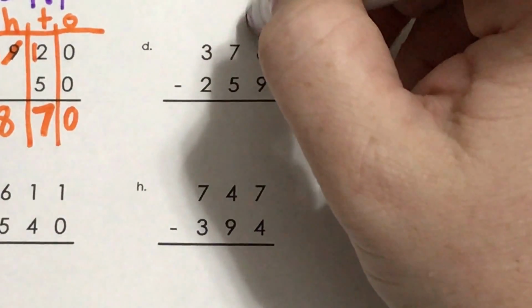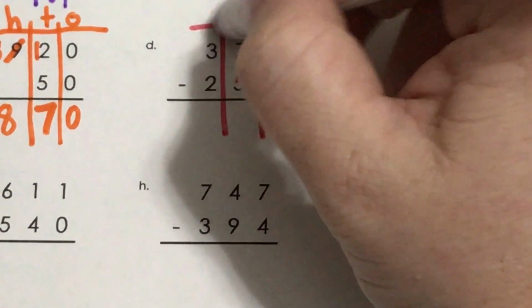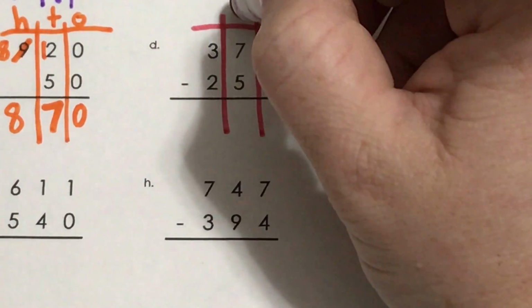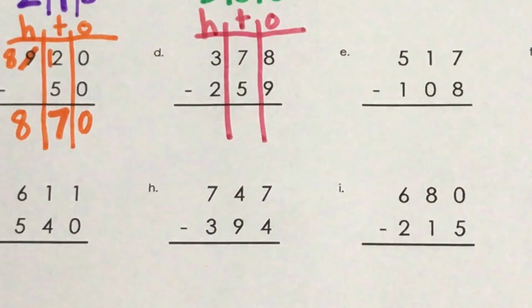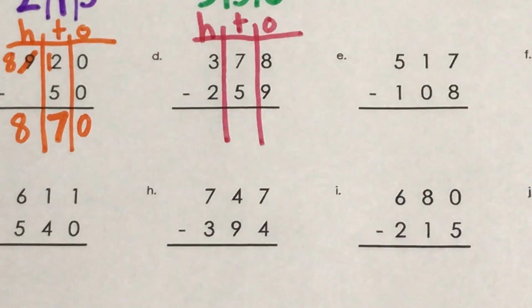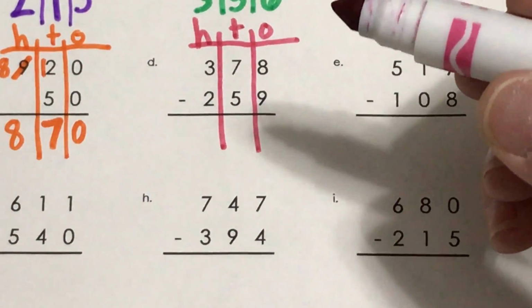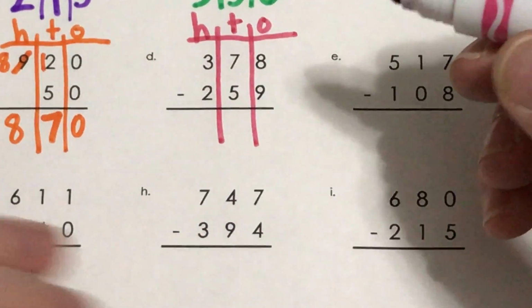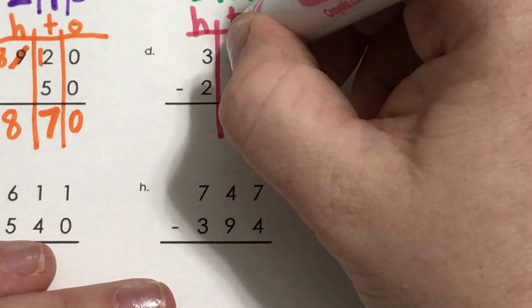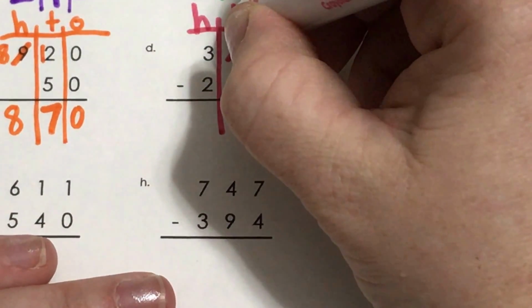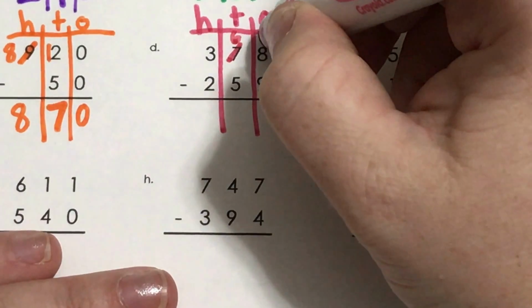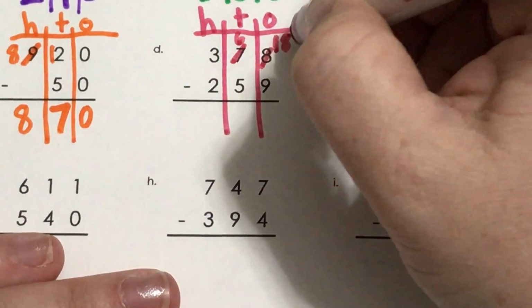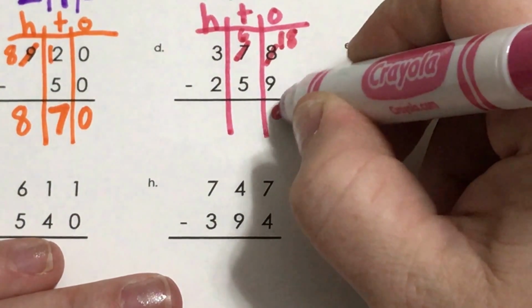I still have to think about my place value, even though I'm not going to draw it with pictures. It's still very important to my subtraction. 8 minus 9. Well, if I only have 8, I can't take away 9, so I have to go over and borrow or regroup. This 7 changes to a 6, and this 8 changes to an 18. 18 minus 9 is 9.